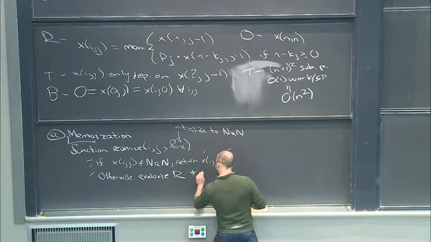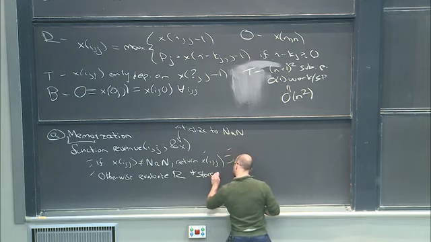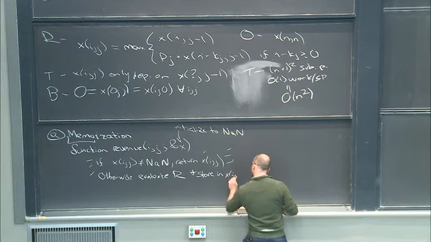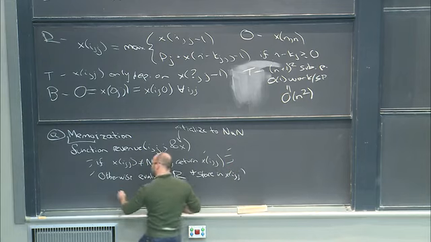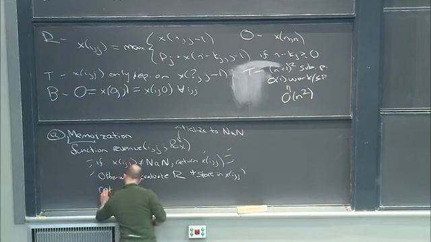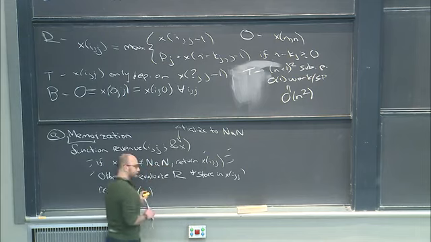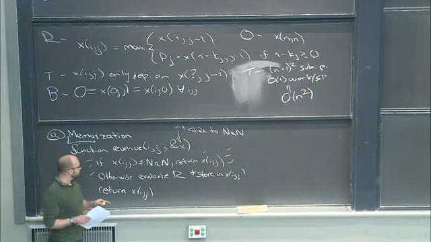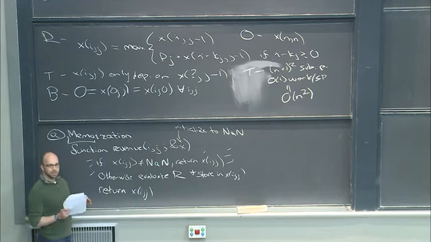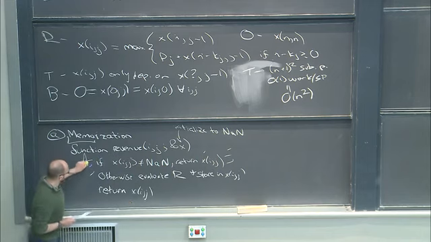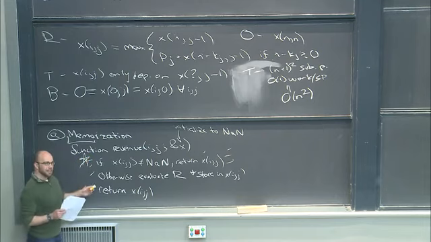And I'm going to store it in xij, and then return xij. Okay, so basically the only difference between what we've seen in the first two thirds of 6.006 and now is this beautiful line of code saying if I already computed this thing, return it. And this is the memoized version of our algorithm.